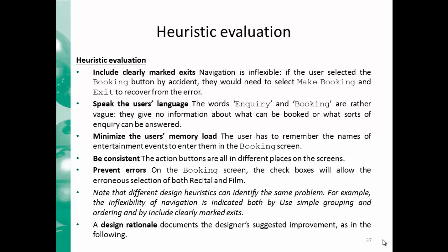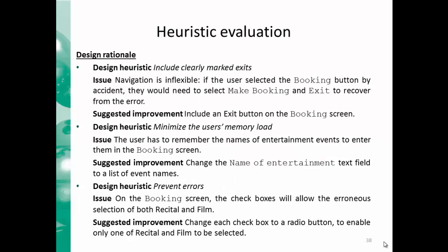We are having issues with speaking the user language, and we have issues with consistency, preventing errors, and other issues. You may read them and compare them to the design given in the previous slide. Now we are giving you what exactly the issue is and how to improve and solve this problem.